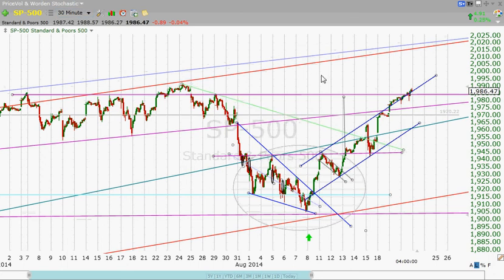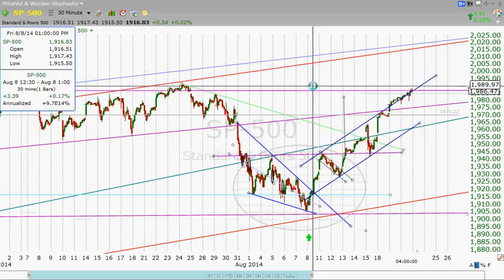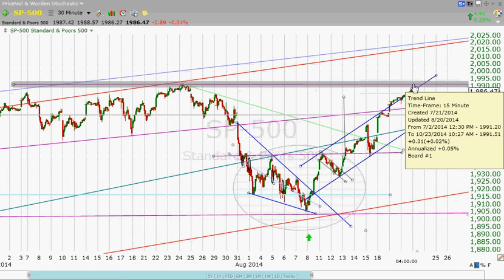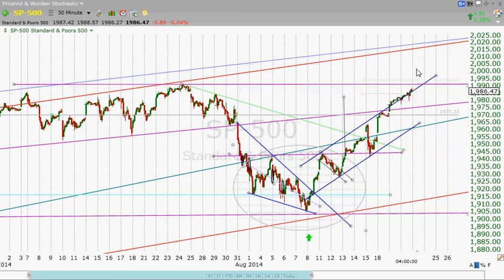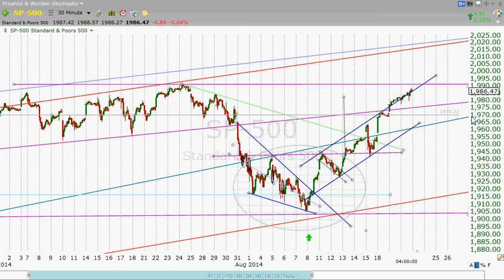Now, this was our old target line. I'm going to scoot that up. So it's going to now have a slightly different function. This is going to mark the all-time high in the S&P, so that we'll have a measuring stick, if you will, up here to keep an eye on to see if we hit resistance at that level, and if we do, how much we might sell off.